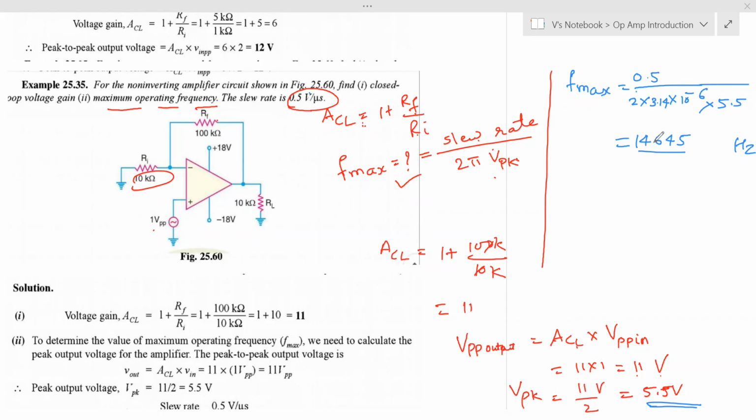तो इसको अगर हम किलो हर्ट्ज में कन्वर्ट करेंगे तो 14.64 और 65 किलो हर्ट्ज, राइट. इसको राउंड अप कर दिया इन दोनों. So 14.65 kilohertz will be the answer. Let us check.